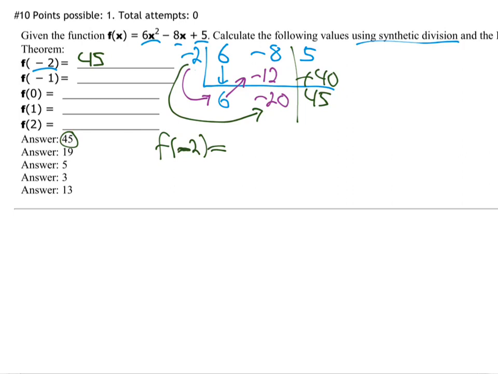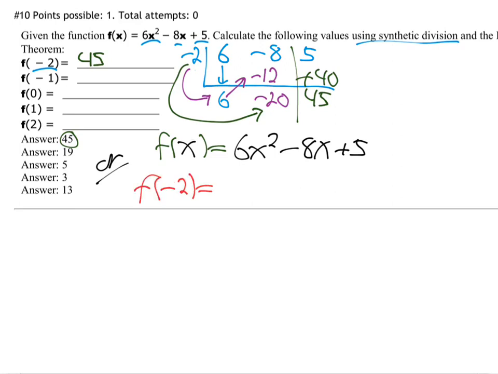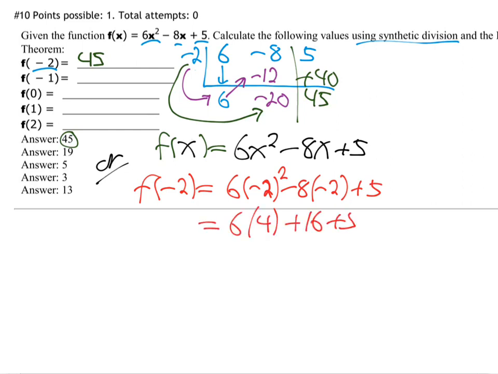Let's prove it. So you plug in negative 2 to the original function. 6x squared minus 8x plus... or you could have just plugged in, let's see. So f of negative 2, if we just plugged in negative 2, what do you get? 6 times 4 plus 16 plus 5, what's that? 24.